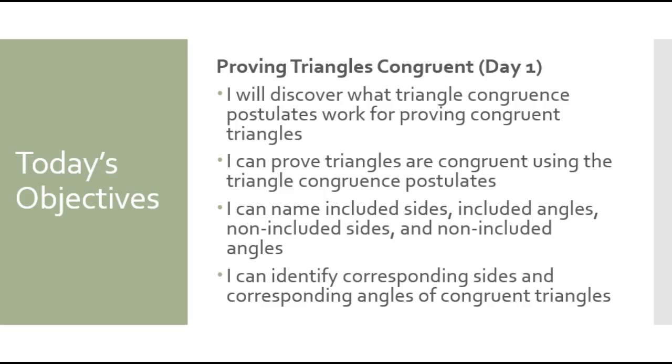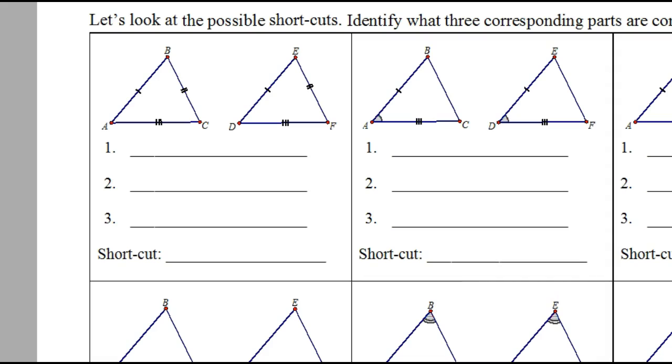So let's look at our potential shortcuts. In our first example, we need to identify the three sets of corresponding parts. In this case, we're dealing with all three sides. So let's list all three sets of sides.